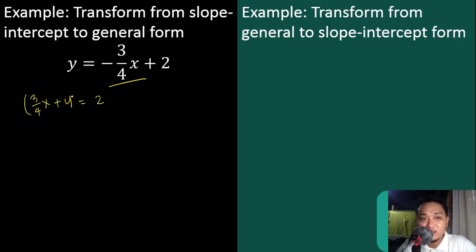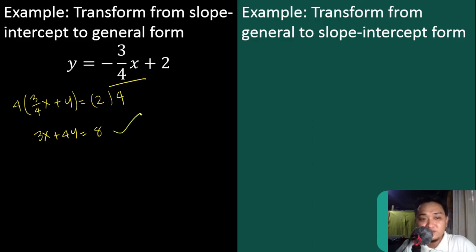So multiply here 4 for this quantity, and then multiply this by 4. Now, for this term, we are going to use distributive property. So 4 times 3/4, cancel 4, that will be 3x. And then 4 times y will be positive 4y. Now, 2 times 4 is 8.